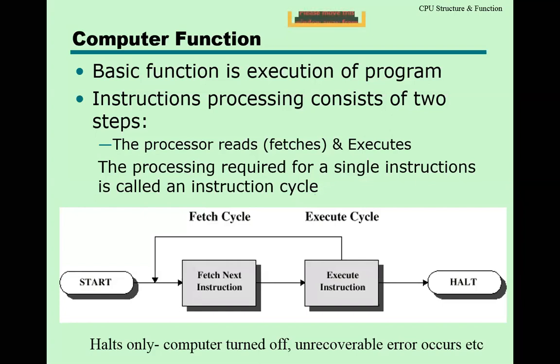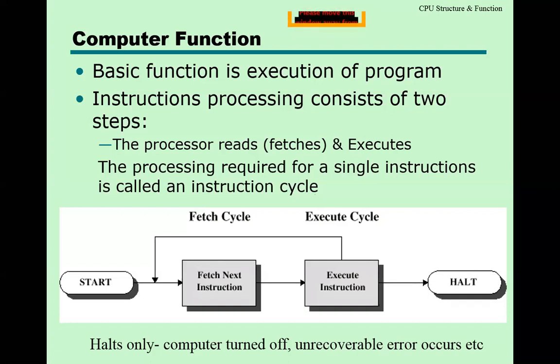I will show you exactly how the PC holds the instruction address, how the memory address register holds the instruction address, how the MDR, memory data register, or you can say MBR, memory buffer register, holds the data or instruction, and how the IR holds the instruction and it is executed. After execution, how the data is stored into the memory. Tomorrow we will discuss with the example so that you can properly understand.